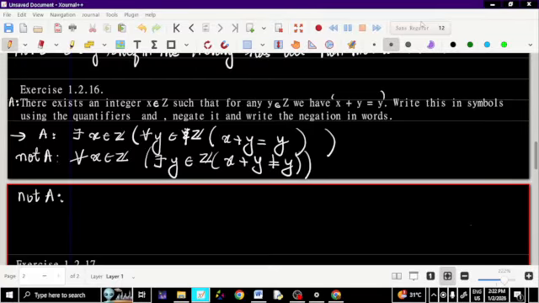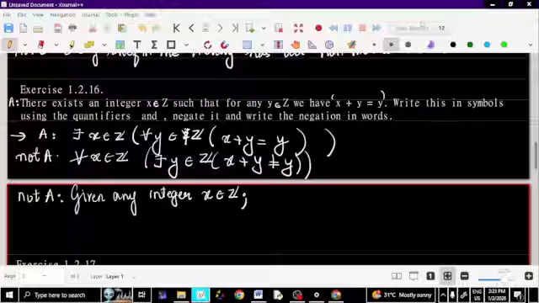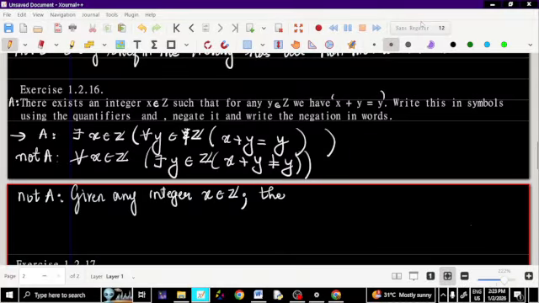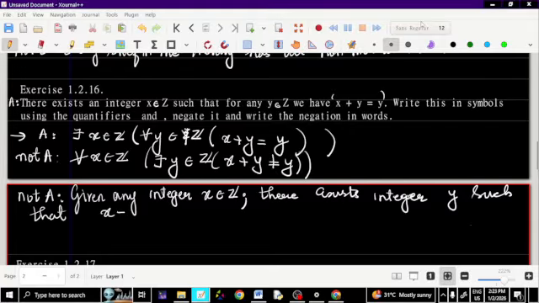Given any integer x in Z, there exists an integer y such that x plus y is not equal to 1. That is the negation in plain English.